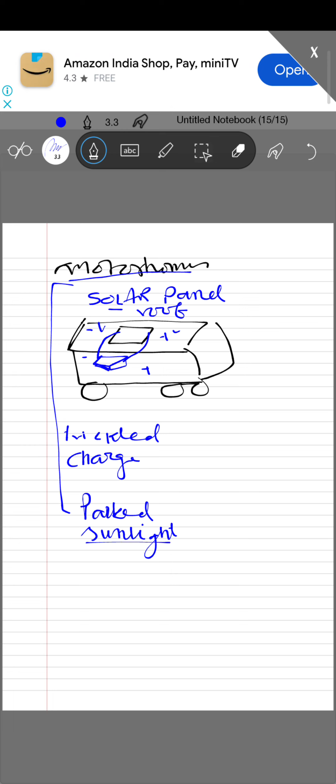The sunlight generates a voltage through the solar cell to supply the trickle current.